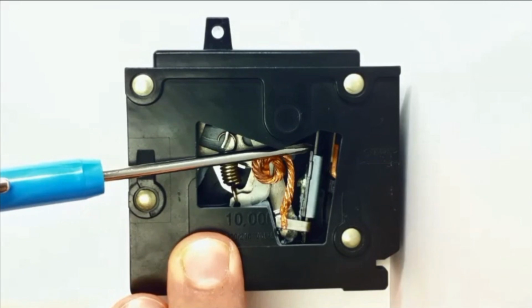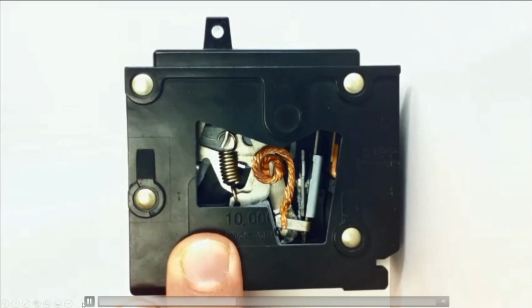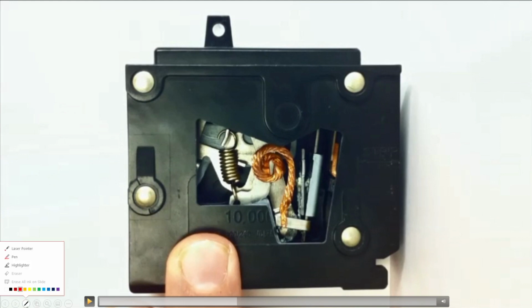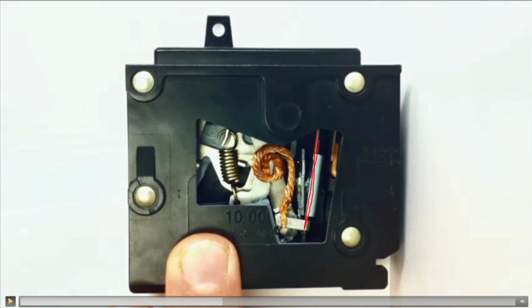Now the contacts, I'm going to pause this real quick because I want to draw something here to help you understand what's going on. So this is the bimetal. This is the magnetic clapper, I call it, that pulls in.